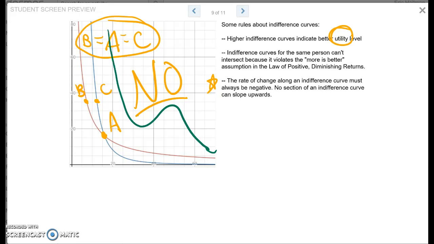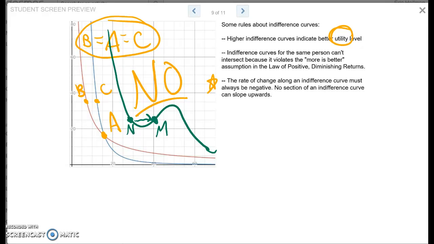That would mean that this point and this point would make you equally happy because they're on the same indifference curve. But again, that breaks the more is better rule because you are consuming the same amount of Diet Coke at both points, but you have more Pop-Tarts at, let's call this point M, than you do at point N. So that means that you should be better off at M, but this indifference curve doesn't show that.